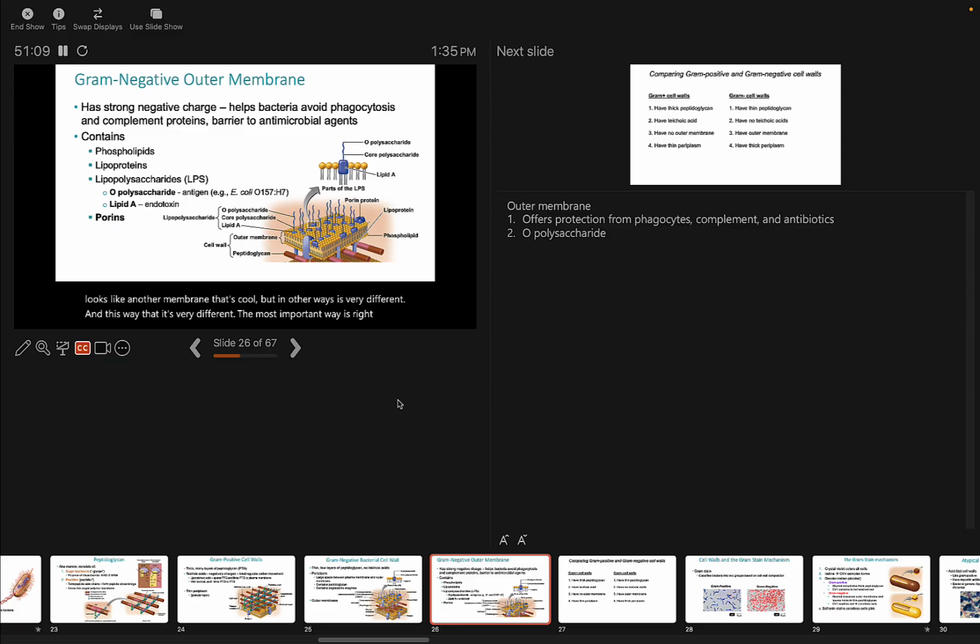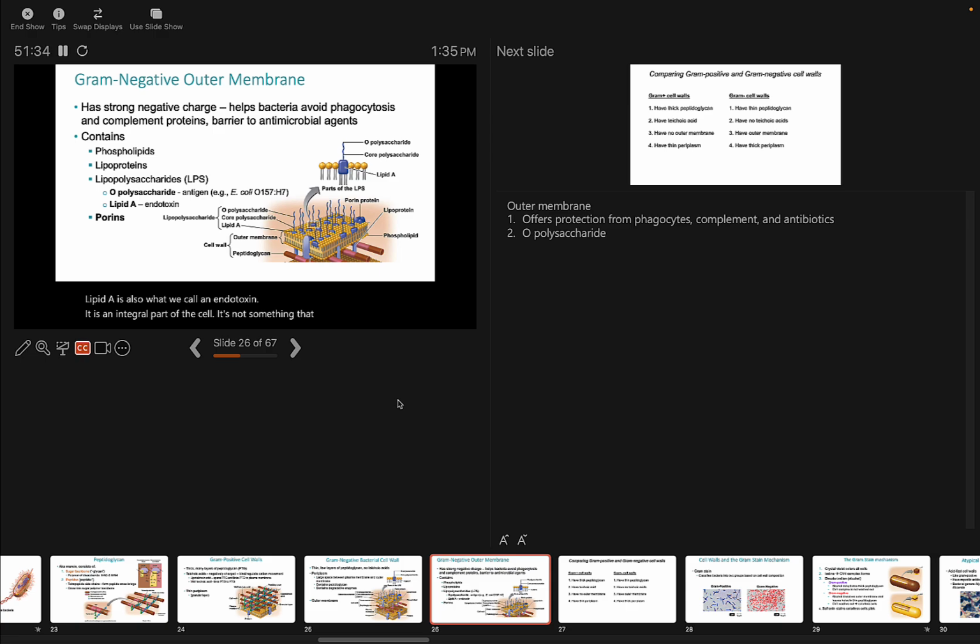So lipopolysaccharide has three components. Kind of embedded within the membrane is a molecule called lipid A. Lipid A is also what we call an endotoxin. It is an integral part of the cell. It's not something that it secretes.